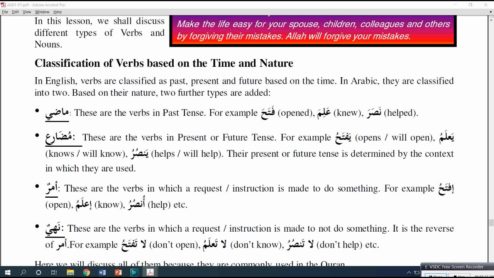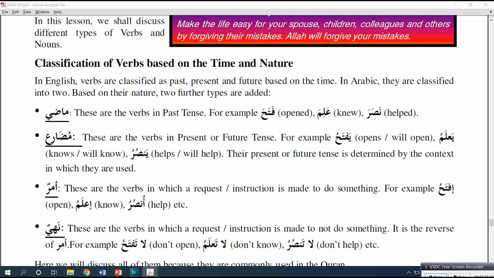So this is a difference between Arabic and English. Now see the example, yaftahu. I add ana. Ana yaftahu, I open or I will open. Ana yaftahu means I will open, or it may mean I am opening.